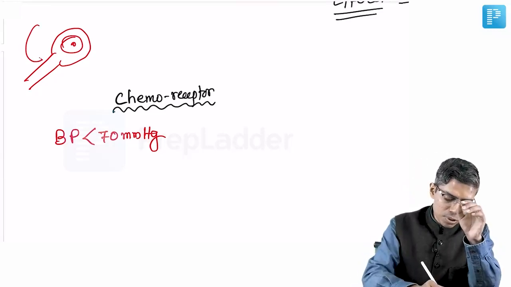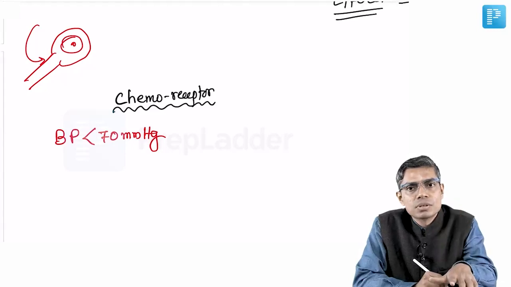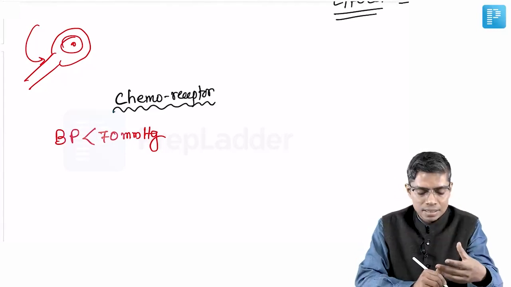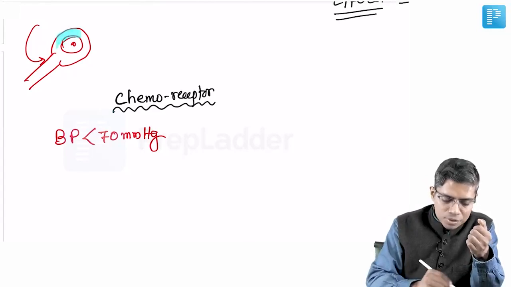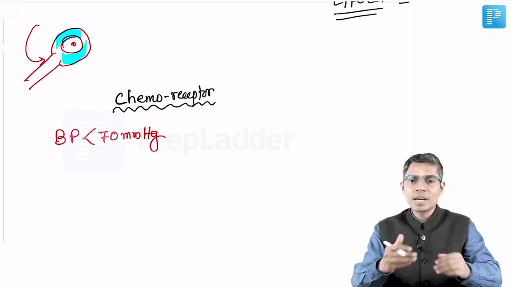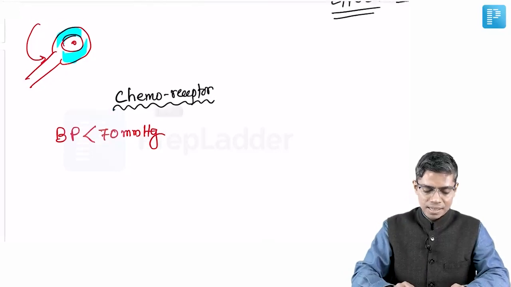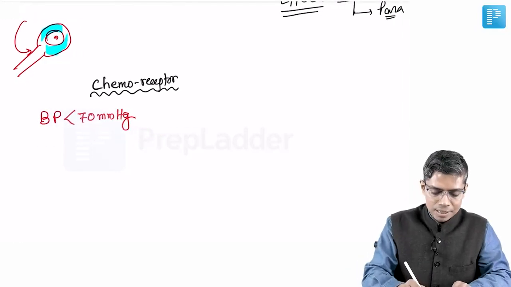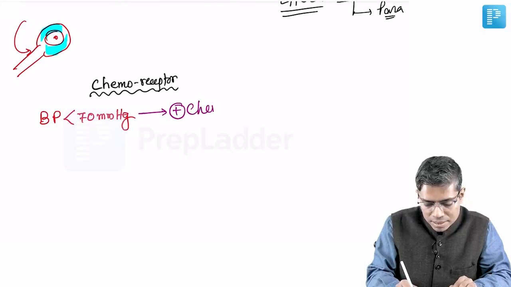Decreased blood pressure means the perfusion or blood flow at the level of the carotid body and aortic body is reduced. So obviously there will be creation of local hypoxia and local hypercapnia surrounding this glomus cell, and this is going to stimulate the chemoreceptor in this scenario.